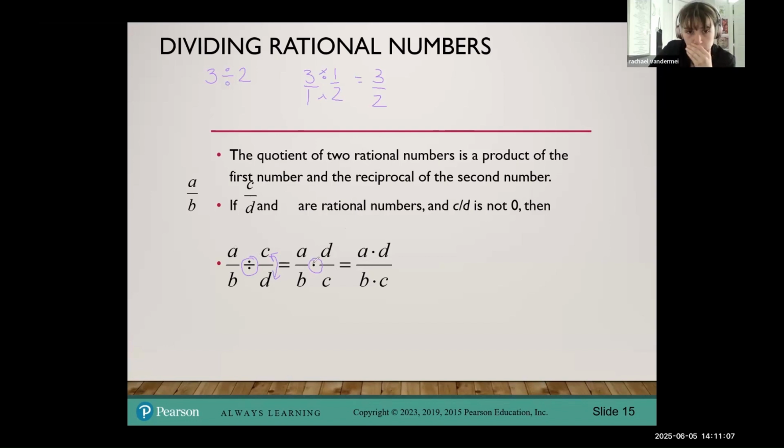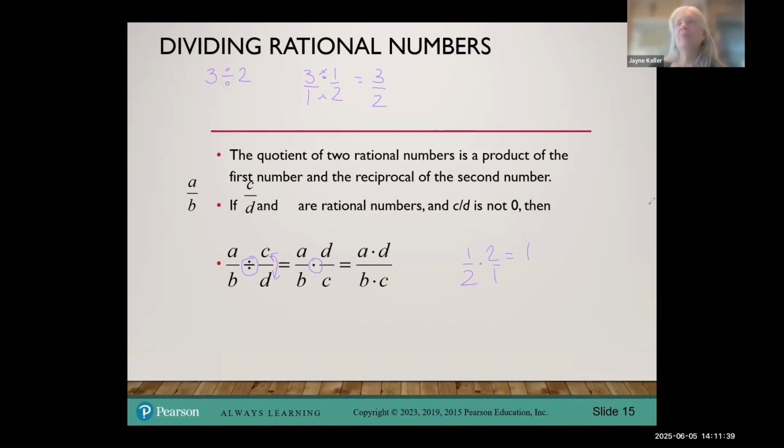You keep the first fraction, you switch this to a multiplication, and then you flip this fraction. The reason this works is, here we had 1/2 and 2, and when I multiply those together, I get 1. That's what I mean by a reciprocal. So reciprocal is just switching the numerator and the denominator.